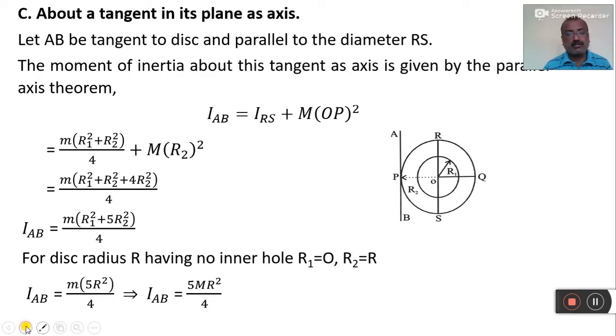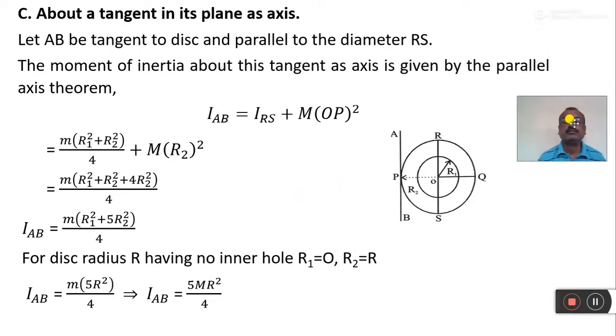One more question: to derive the expression for the moment of inertia of the lamina about a tangent in its plane as axis. Let AB be a tangent to the disc and parallel to the diameter RS. The moment of inertia about this tangent as axis is given by the parallel axis theorem.